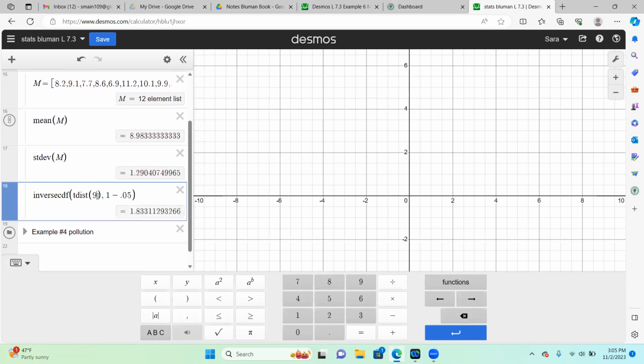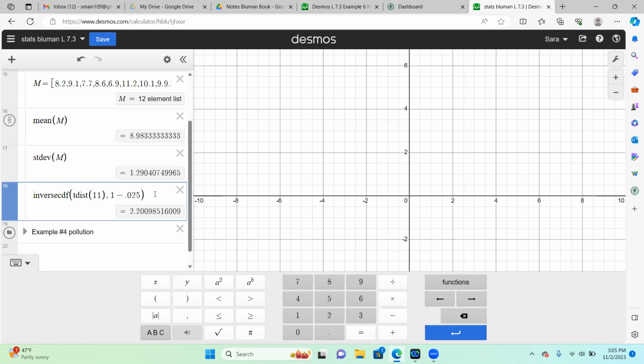And my degrees of freedom is 11, and I want 0.025. So there's my critical T. It's 2.201 if you'd like to use, times 1.29 divided by the square root of 12. That's going to be my margin of error.